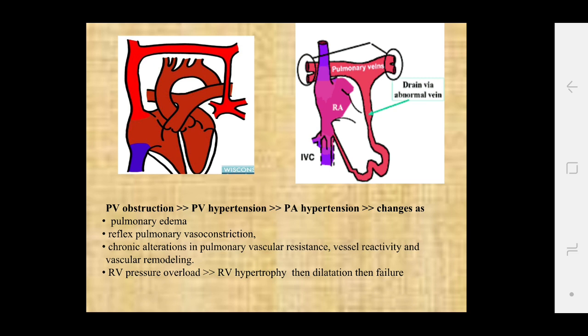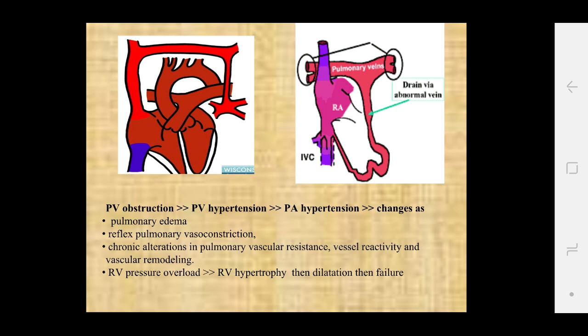You are in need of high oxygen to maintain oxygenation. You are increasing your ventilator parameters, and you don't have improvement of oxygenation in spite of your strategy. You cannot even improve the oxygenation of the patient. This obstruction in the vertical vein is more common with the infracardiac type than the supracardiac type, although it can occur with both.